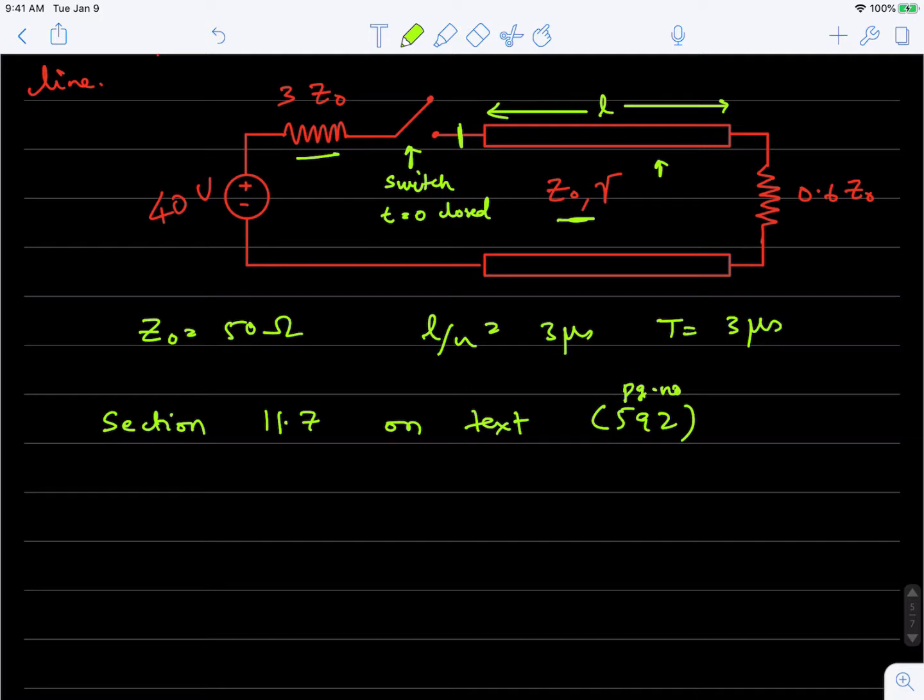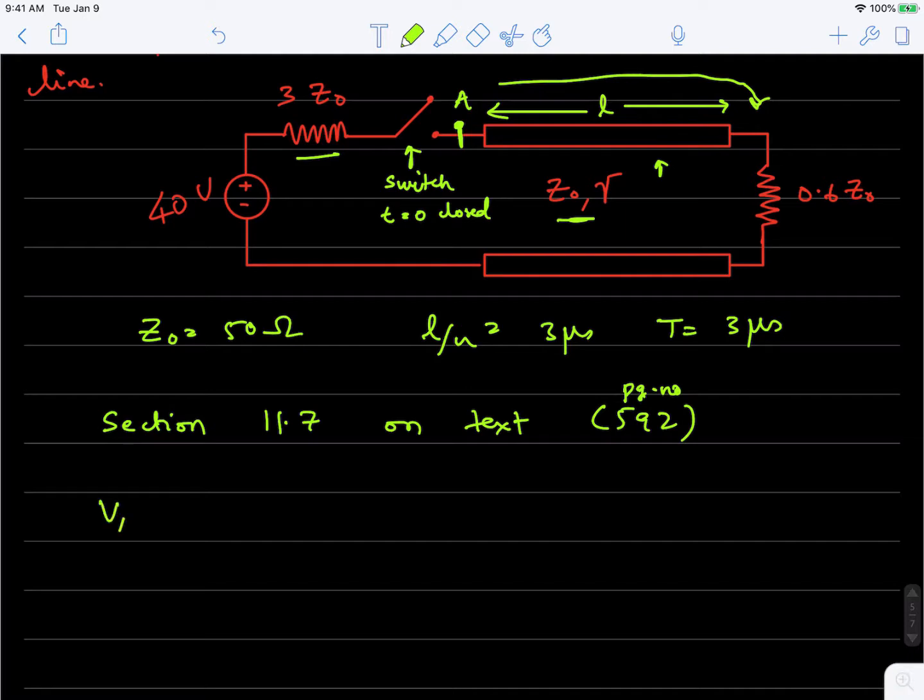Now, you have to find what is the voltage that appears at this point. And then we'll also have to find what happens to the signal once it traverses the entire distance and reaches this point. So we'll find out first what is the voltage at A.